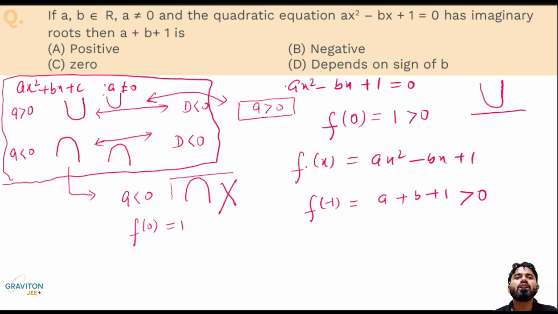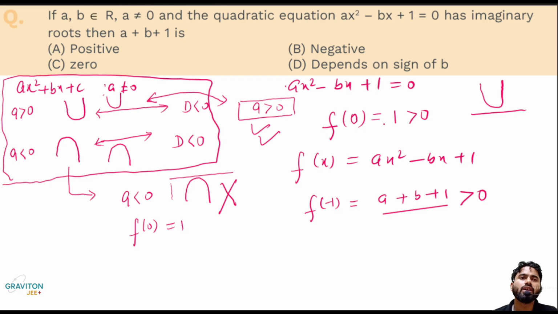So if I ask you the value of a plus b plus 1, it will not depend on the value of a and b, because a is already positive since f(0) is 1.